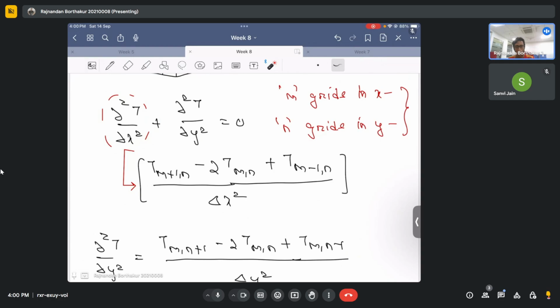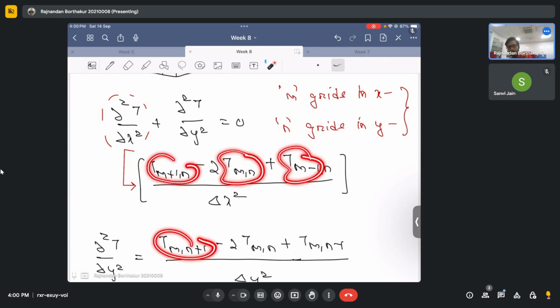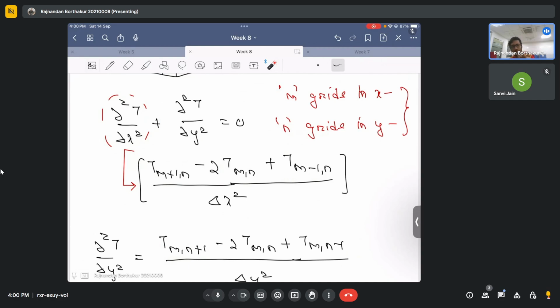But at least you need to understand that from having a derivative like del 2 T by del x2, we have used some approximate analysis to come out into the temperature field directly. As you can see, these are just temperatures. It does not involve any derivatives. You are evaluating the temperature at the grid points. So you have transformed the differential equation into an algebraic equation where your temperature field is now written at the different grid points.